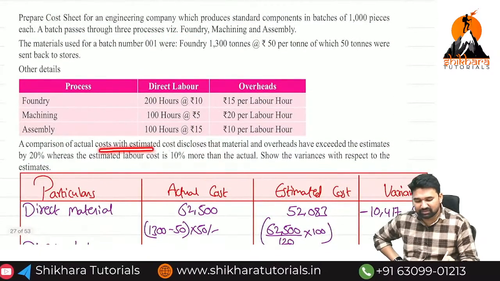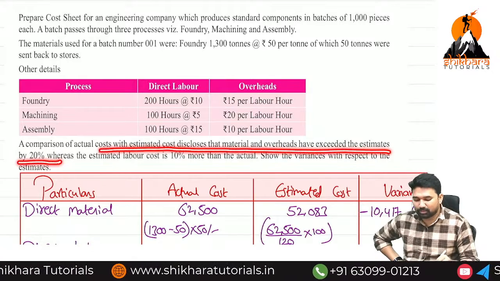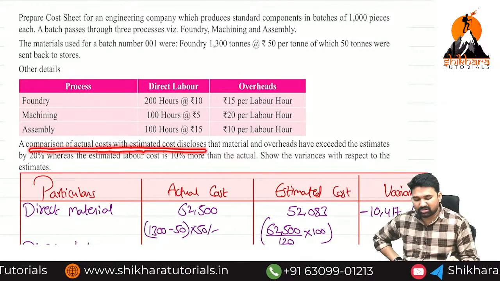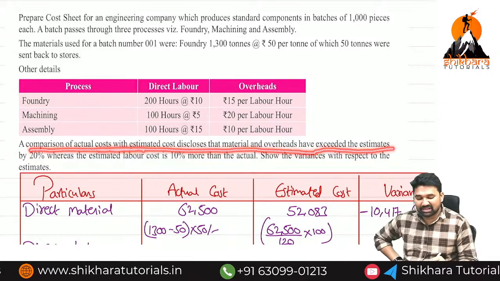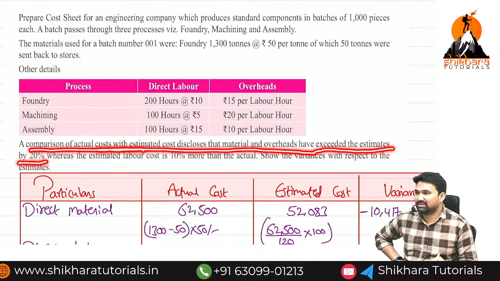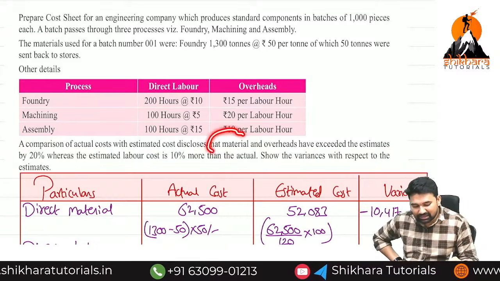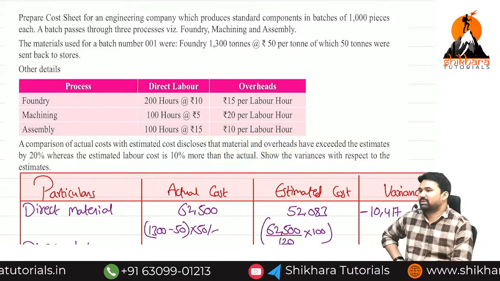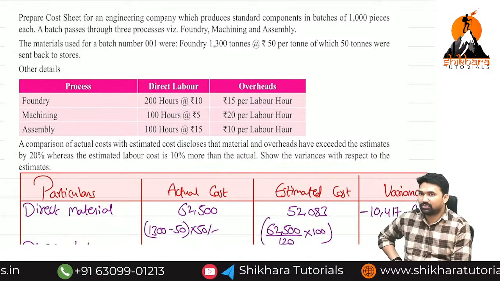Here it is given. Read the point. A comparison of actual cost with estimated cost discloses that material and overheads have exceeded the estimate by 20%. See how clearly he has given. Material exceeded 20%. Overheads also exceeded 20%.